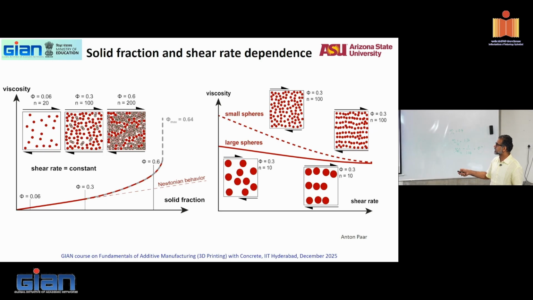Similarly with size. So this is with volume fraction, now with size. Small spheres versus large spheres, viscosity as a function of shear rate. At low shear rates, small spheres will show you, for the same volume fraction, higher viscosity. But as you shear more and more, the size really doesn't matter. They get to the same viscosity.